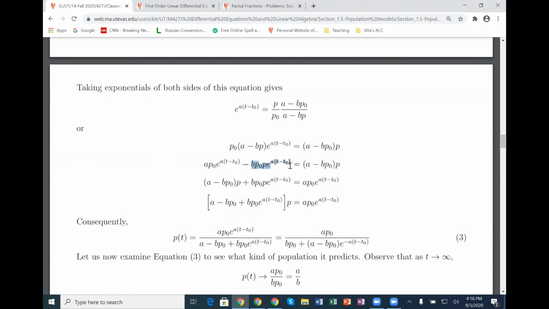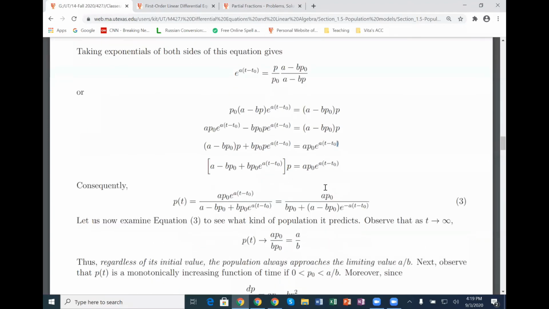If we move this to the right and switch positions, we'll get this on the left, and this term will be on the right. Here's why we do it. Note that now on the left, we have both P terms. On the right, there is no P anymore.